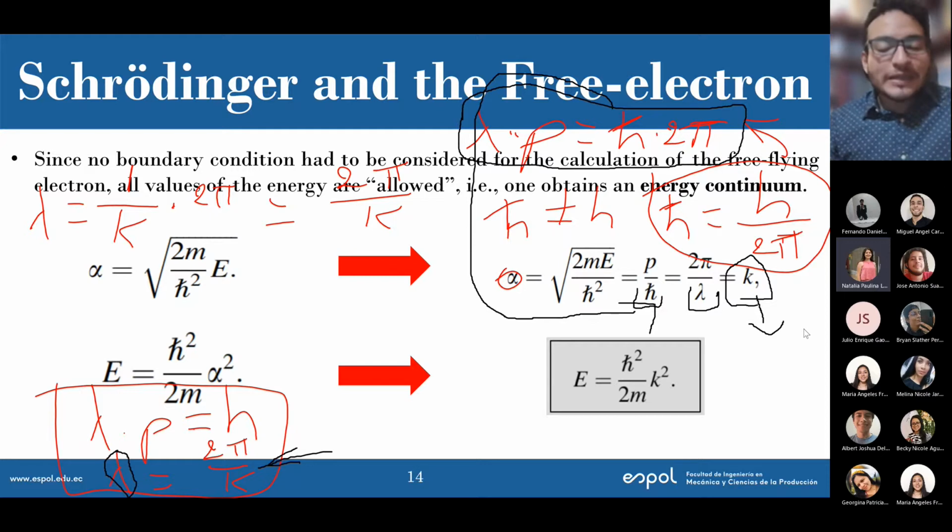Yeah, and we'll see that. But alpha might change if we have another case, or might not. We'll see that. I really want to start digging into these concepts, but so far, let's say alpha is the wave number.